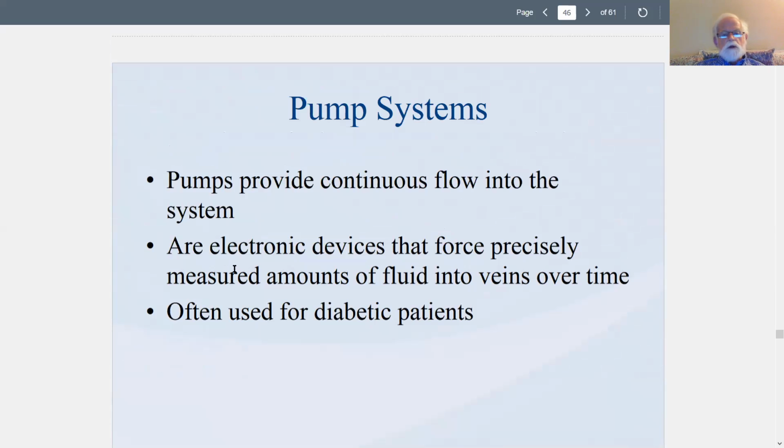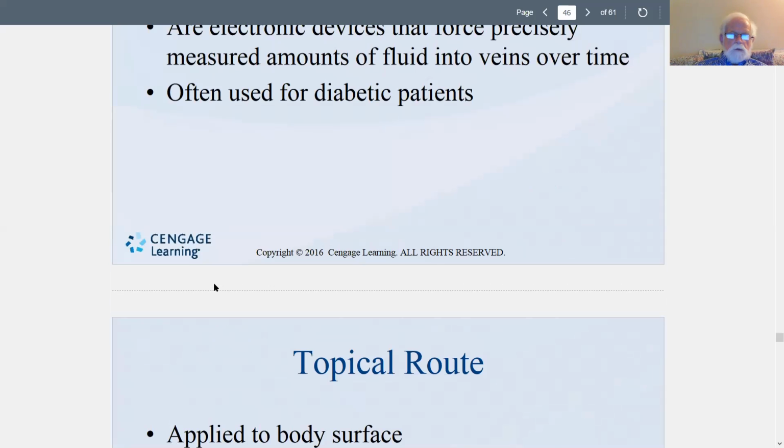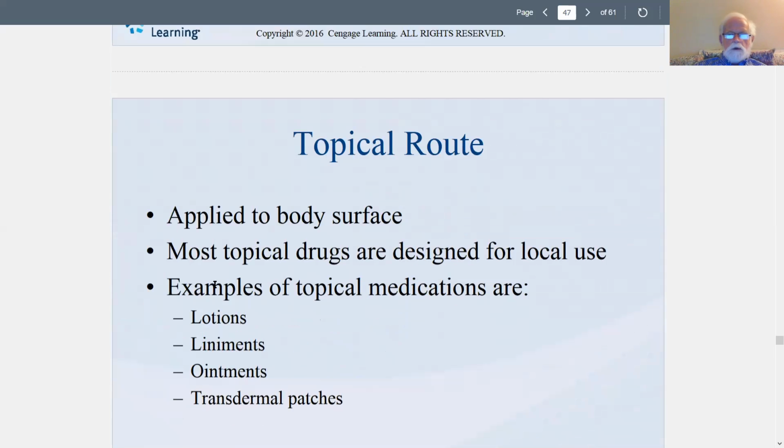We also can use static systems that use gravity as the pressure that pushes a drug into the body. We also have pumps that we can install for diabetic patients, who are not easily controlled on either drugs or insulin.